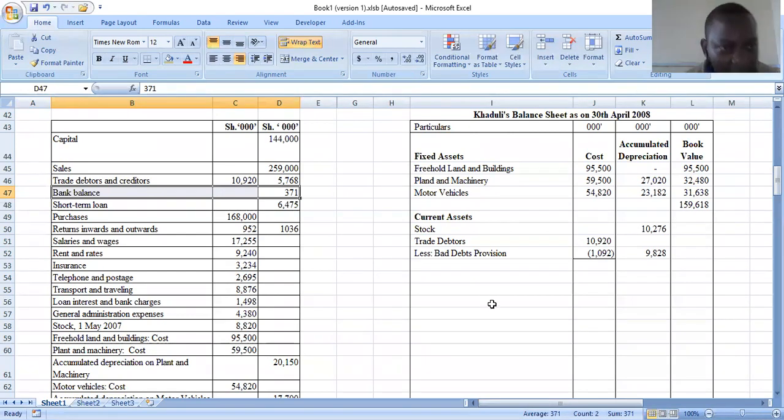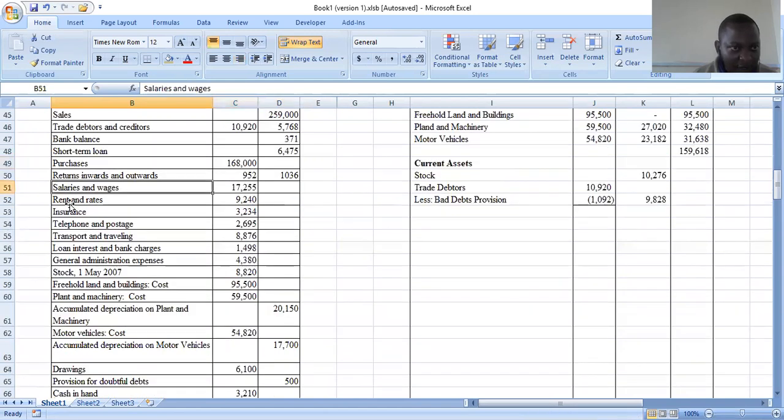So the bank balance in our case is on the credit side, so it's a current liability. It's not a current asset. This is an overdraft, so we shall have it in the current liabilities. Short-term loan is a current liability. So any other current asset, stock already equal.